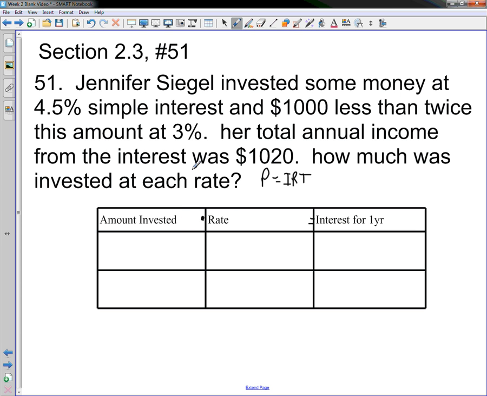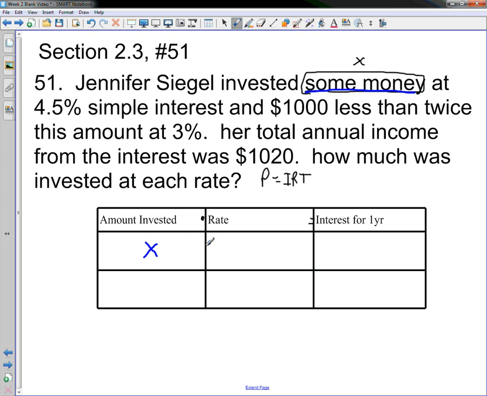Okay, so Jennifer invested some money. This is an unknown amount, which is considered a variable. So she invested some money at 4.5%. The amount invested, we don't know, so that's a variable, or an x.